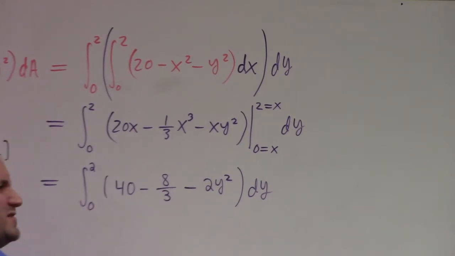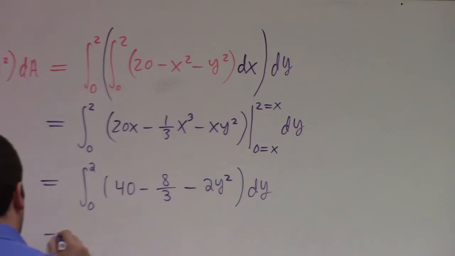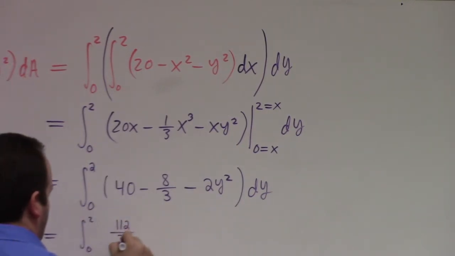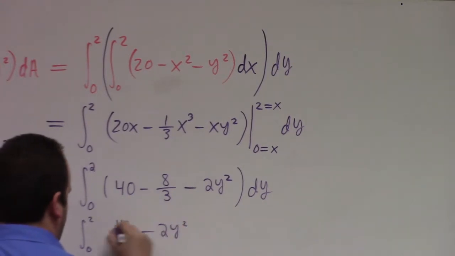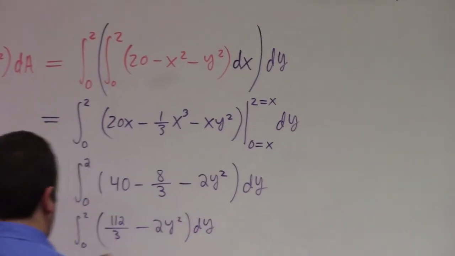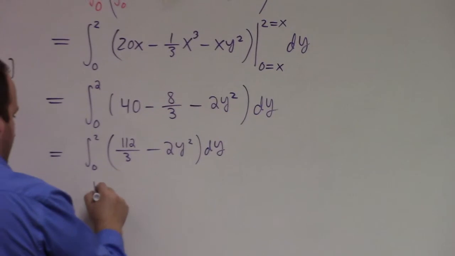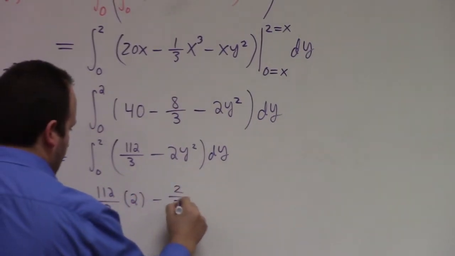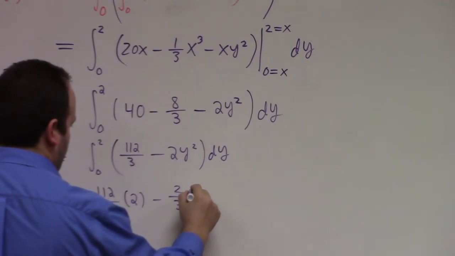What's 112 thirds? Okay. Integral from 0 to 2 of 112 over 3 minus 2y squared. Okay, so that's 112 over 3 times 2 minus 2/3 of 8.